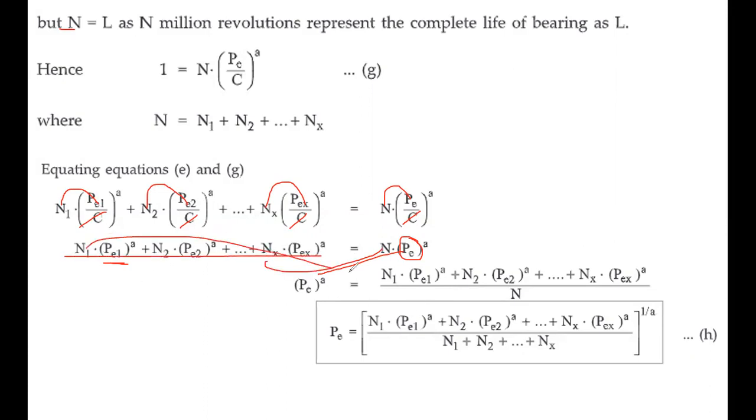So you can see here N1 P1 raised to a plus N2 P2 raised to a plus Nx PX raised to a, divided by this N, will give me PE raised to a.